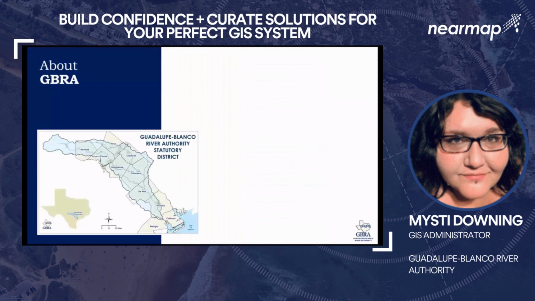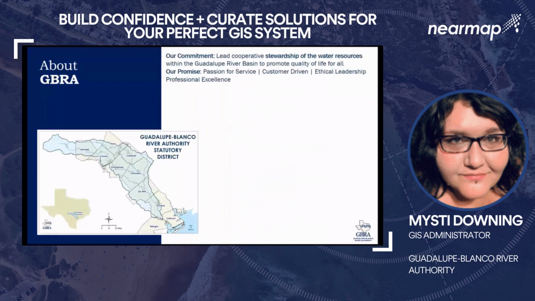So a little bit about GBRA. As I mentioned, the river authorities in Texas are all a little unique. They have their own enabling legislation. GBRA's focus is water resources and water and wastewater utility services, among other things.